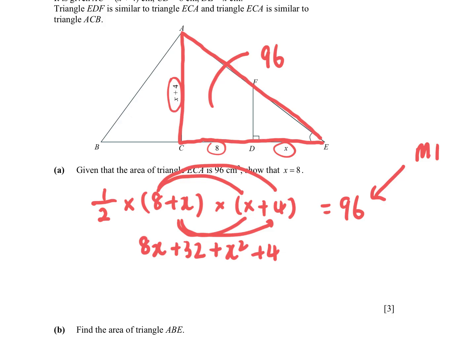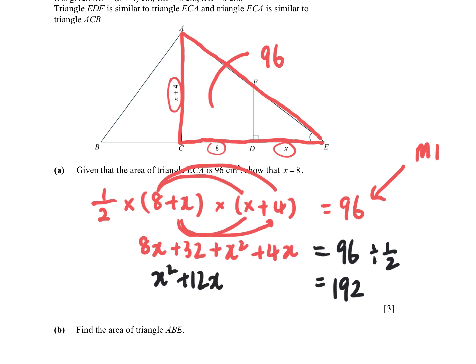Okay, 4x. Okay, and then you divide the half over. So this is 18192. So if you simplify, and then you bring everything to one side.